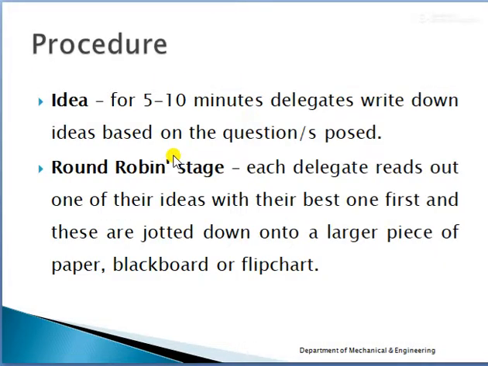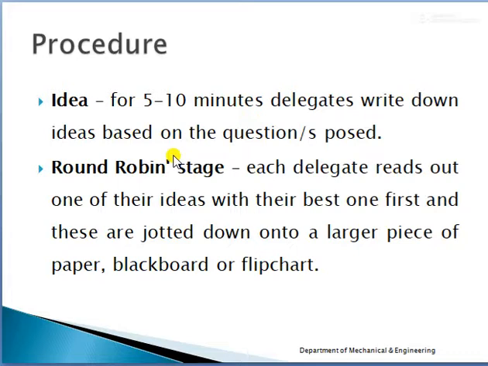Before going to the procedure, we can go through using the technique. The nominal group process involves two key components. The first component involves gaining an understanding of a problem or a question, or clearly defining the decision that needs to be made.